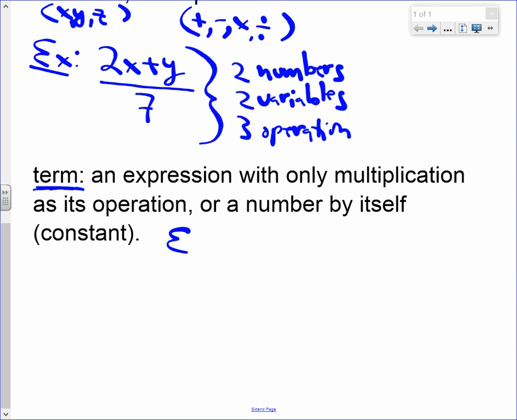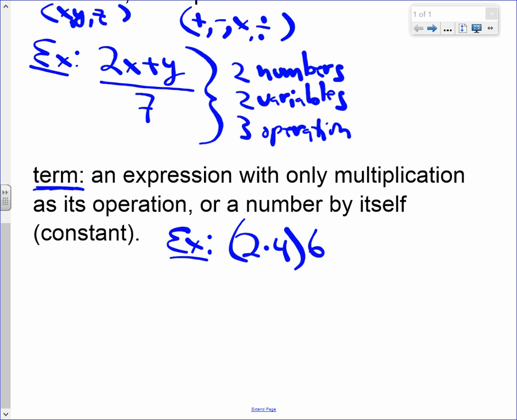Example. Can someone give me an expression with only multiplication going on? In other words, give me a collection of numbers, variables, and operations where only multiplication is going on. Burns, give me one. 2 times 4 inside of the parentheses, and then times 6.